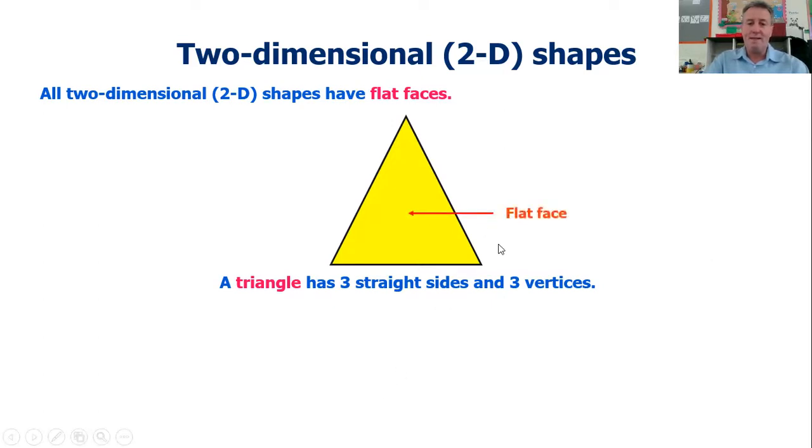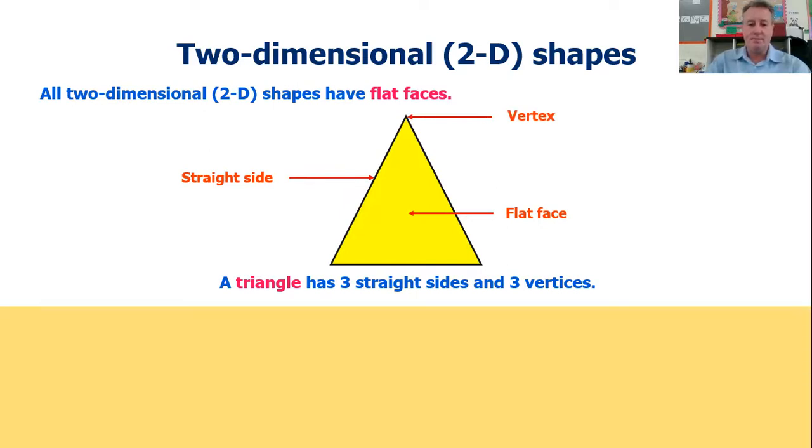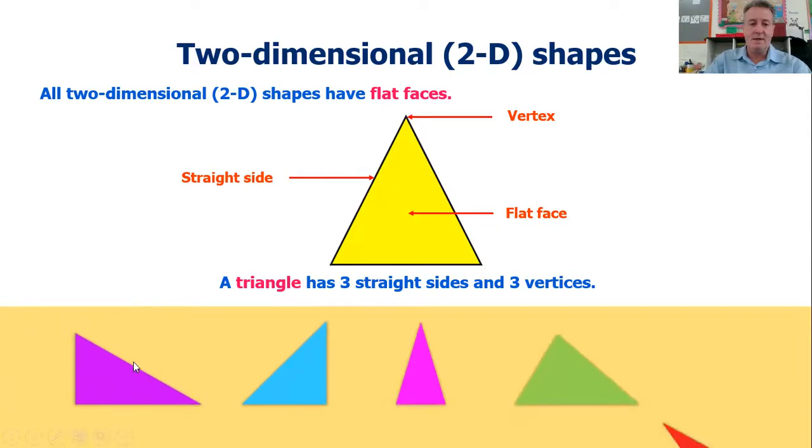A flat face, straight sides, not curved sides, and corners. 3 corners and 3 straight sides. Here are some different triangles, but they all have 3 sides and 3 corners.